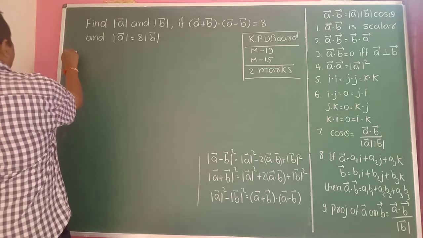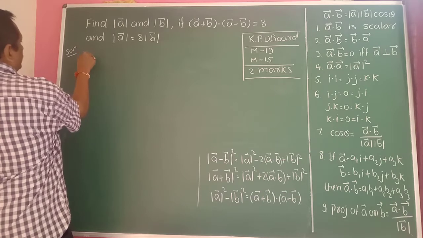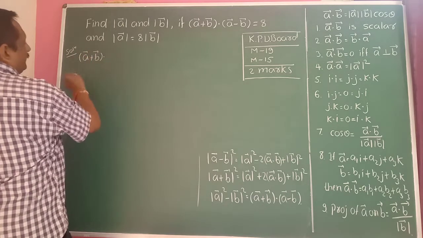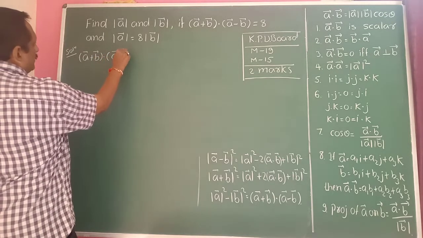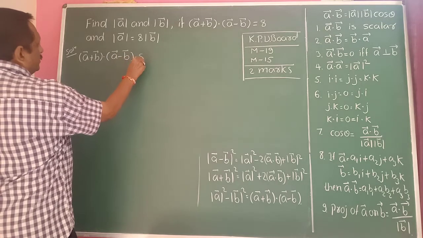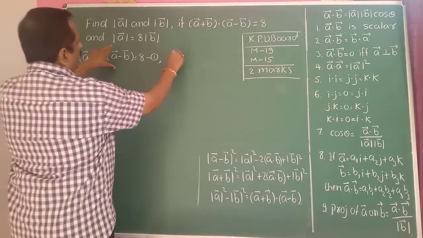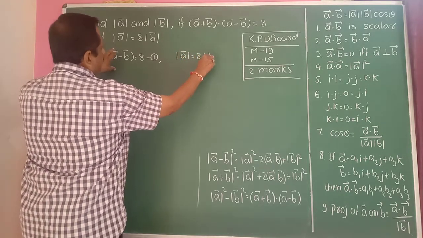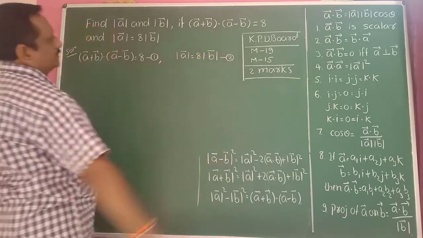So given that (A bar plus B bar) dot (A bar minus B bar) is equal to 8 here. Take this as equation number 1, and modulus of A bar is equal to 8 times modulus of B bar as equation number 2.